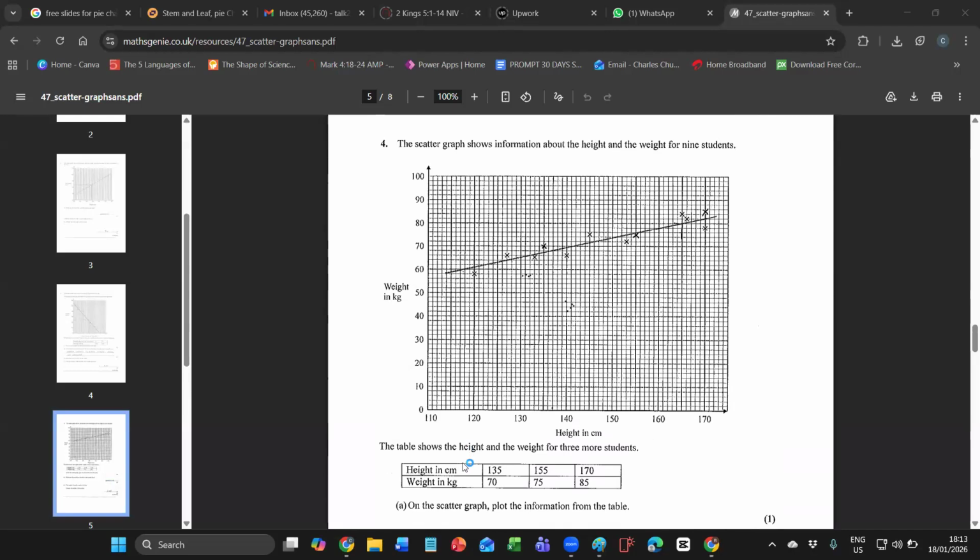This one is quite similar to the one that we saw before. They gave us another table with three points that have their own equivalent values, and it says we should plot that information on the table.